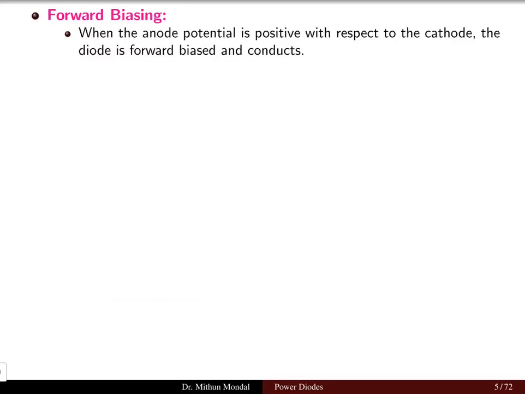What is the meaning of forward biasing? Forward biasing means that when the anode potential is positive with respect to the cathode. So if you have a diode, now in the diode this terminal is known as anode and this terminal is known as cathode.